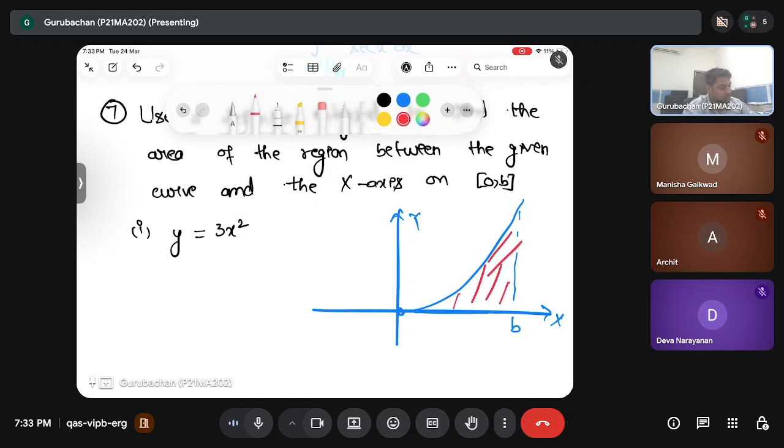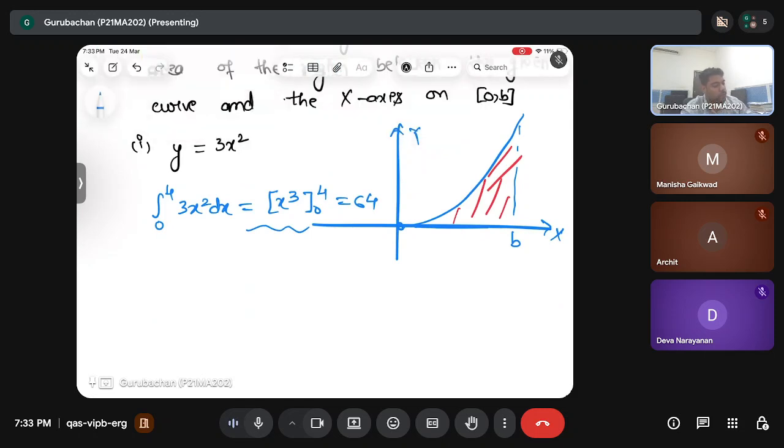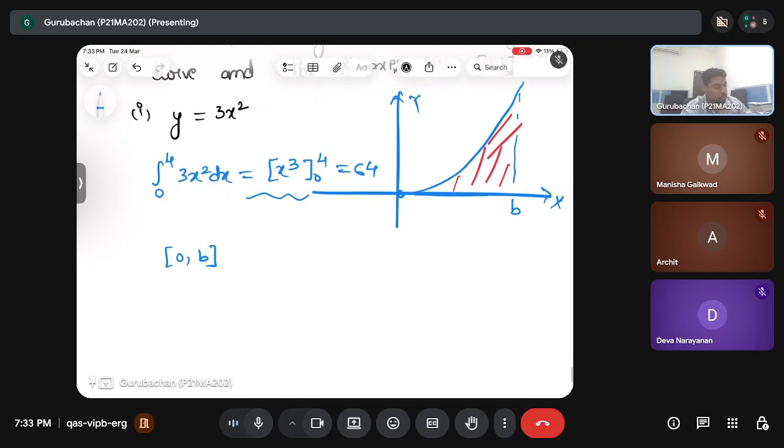One thing is you directly integrate 0 to 4 of 3x square dx. Obviously you know that this will be x cube from 0 to 4 and your answer will be 64. But what will be the guarantee of this integral to exist? So what we will do, we will partition this interval into n uniform subintervals.